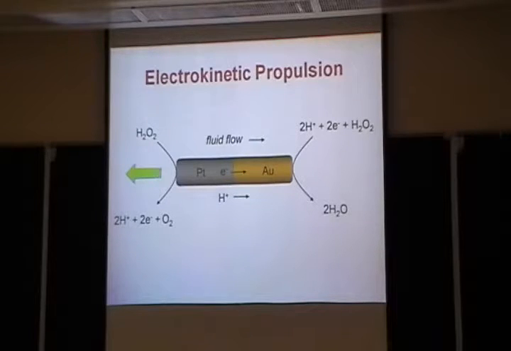But in detail, what you're doing is you're making protons and electrons at the platinum, and you're consuming protons and electrons at the gold. And the electrons, so this is like a short-circuit fuel cell, if you will. The electrons flow through the metal from the platinum side to the gold side. The protons have to follow the electrons. The protons, of course, are hydrated, so they drag fluid this way.